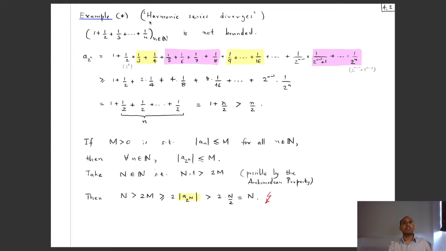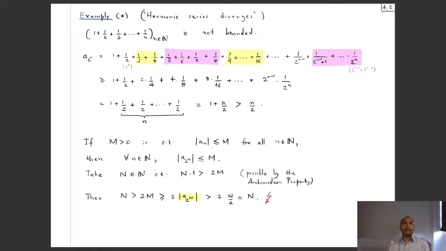I've summarized this example by saying that the harmonic series diverges. Don't worry about the harmonic series, that's just the name given to this context. Right now we are just showing that this sequence is not bounded, but we'll soon see that it also implies that it is not convergent.